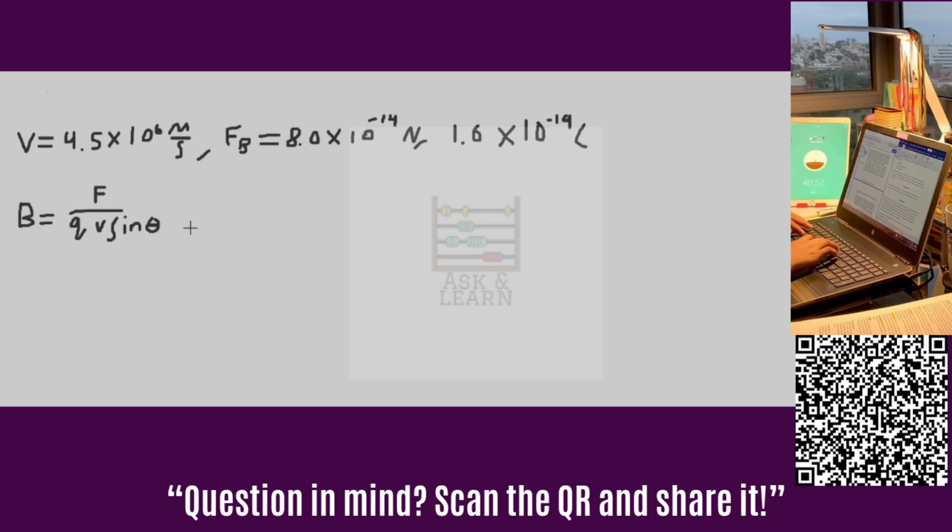Now we are given in this problem that the velocity is traveling east and the force is directed south.